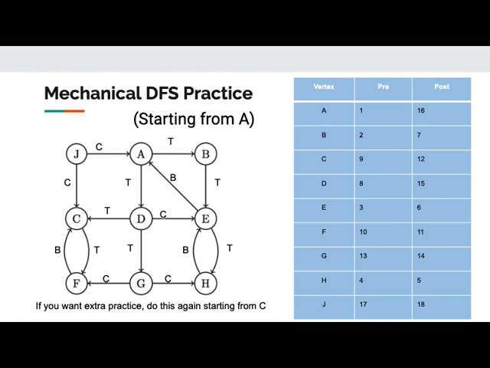Next question. Difference between the types of edges, like tree, forward, backward. Okay, I'll explain that later. Is there a question over there? So, on exams, are all the ties labeled?